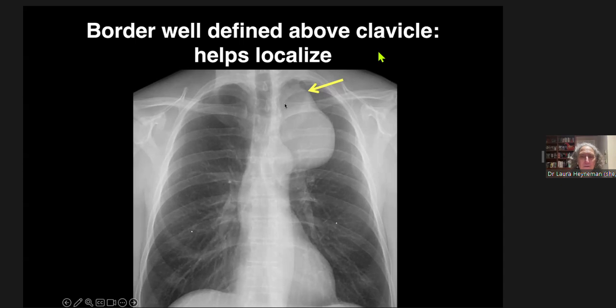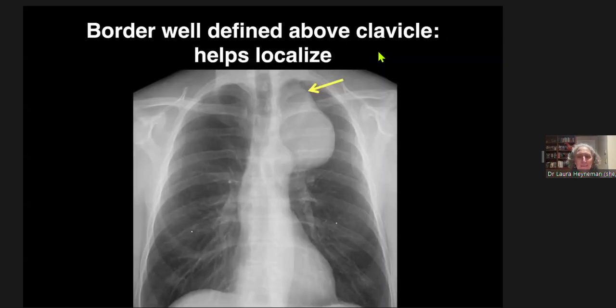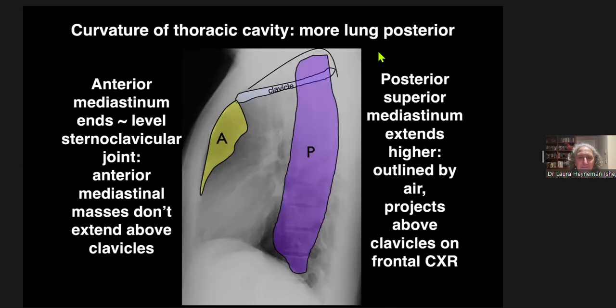So this is going pretty high up. And we're seeing a very well-defined border above the clavicle. The fact that it's a well-defined border above the clavicle tells me that this mass is going to be in the posterior mediastinum.